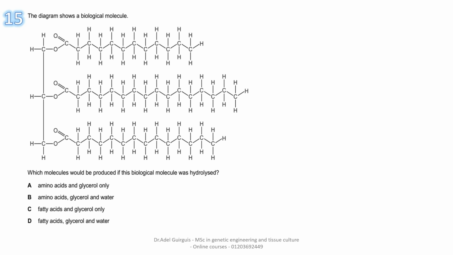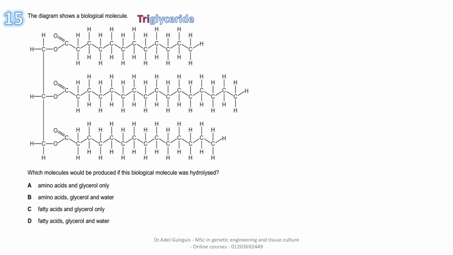Number 15. The diagram shows a biological molecule. Which molecules would be produced if this biological molecule is hydrolyzed? This molecule is a triglyceride. It is formed from 3 fatty acids and glycerol. When it is hydrolyzed by the effect of a certain enzyme in the presence of water, what would happen?